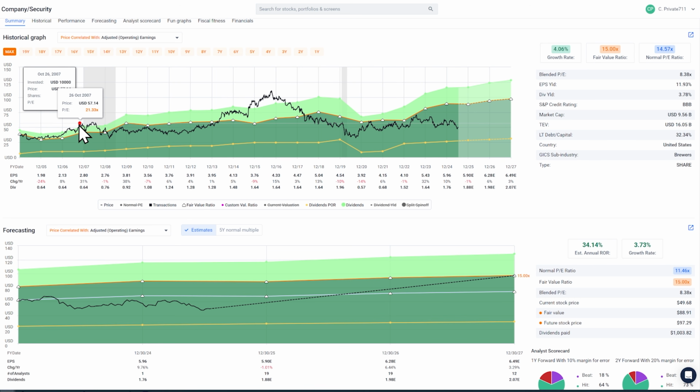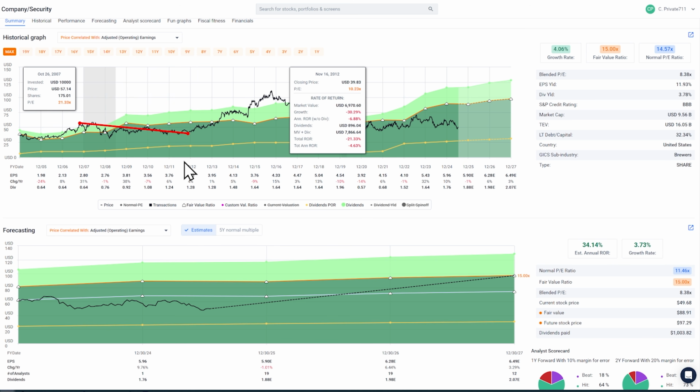The PEs got up into the 20s, 21.3 on October 26th. And then we can go all the way out here, and I'm going to hit just about the very bottom. We're going to go to November 16th, 2012. We're looking at 5-ish years here. And there was dead money on this stock, even though we had pretty good earnings and we had dividend growth.